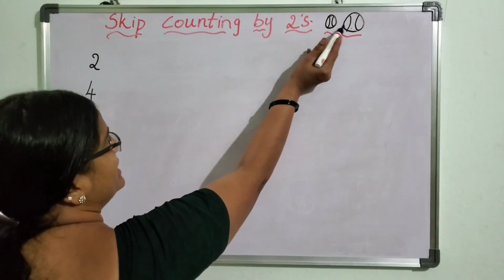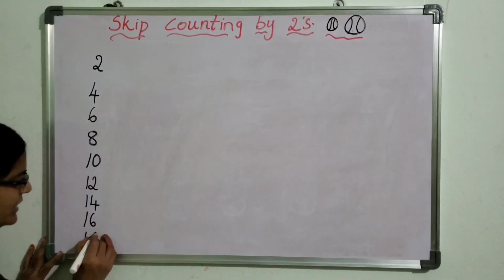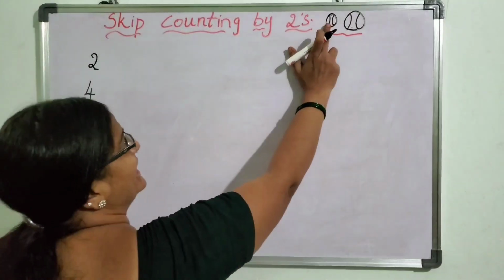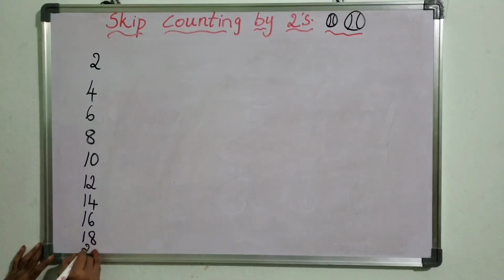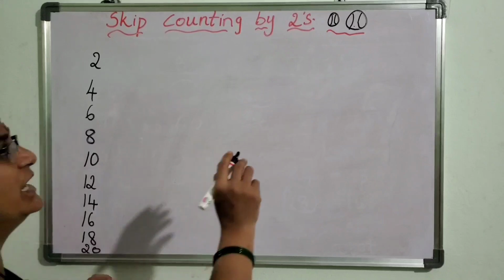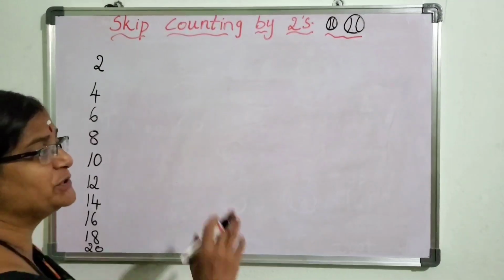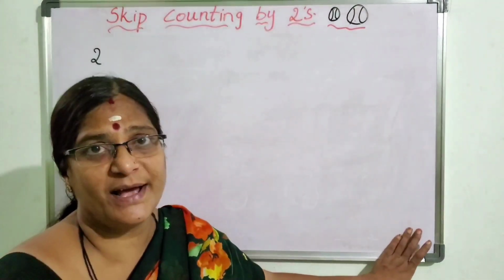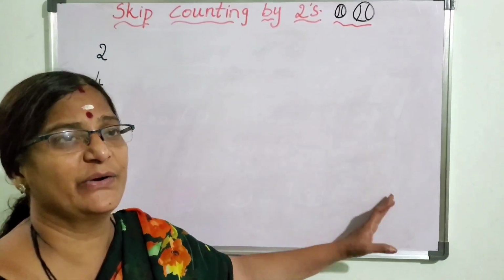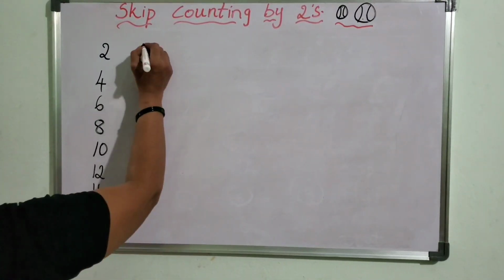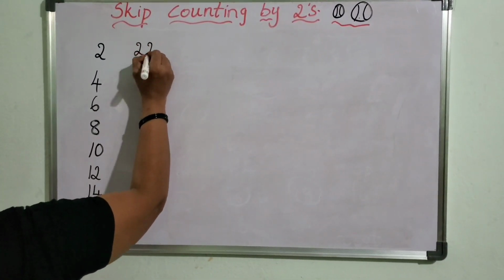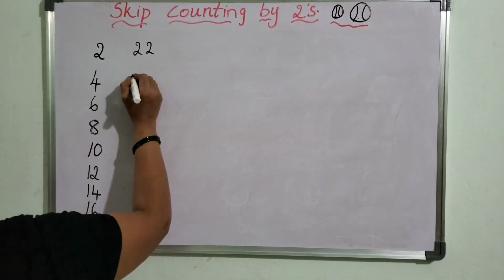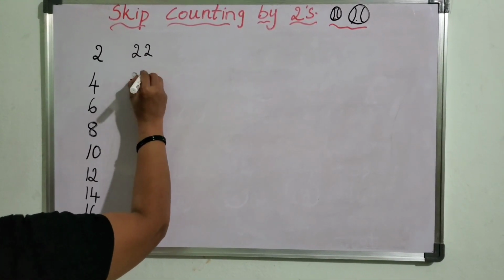Now, next, 17, 18. Next, 19, 20. Got it? Now, next, after 20, like that, up to 100 you should write.